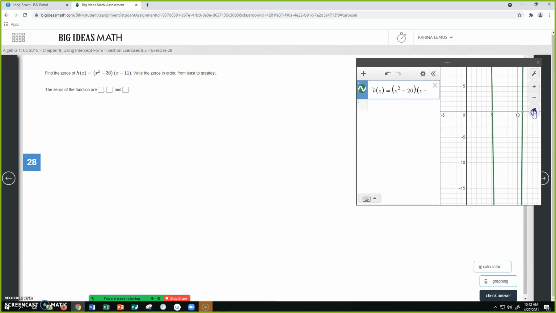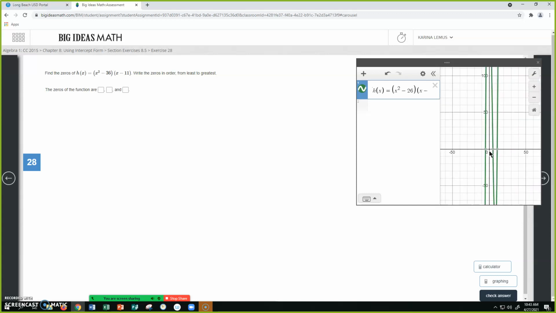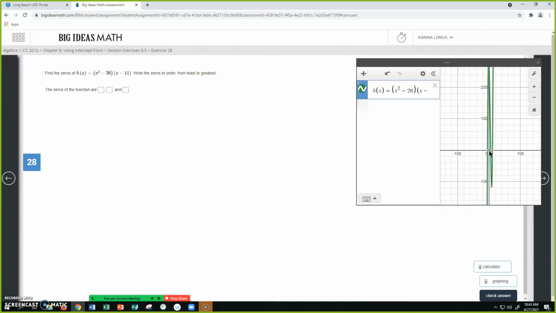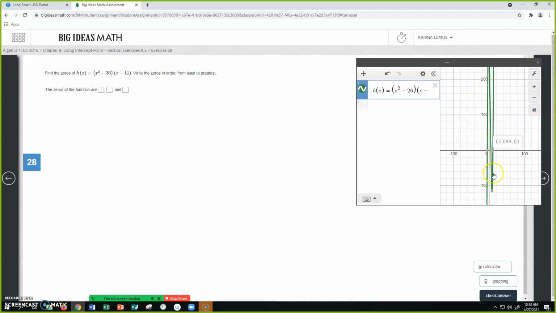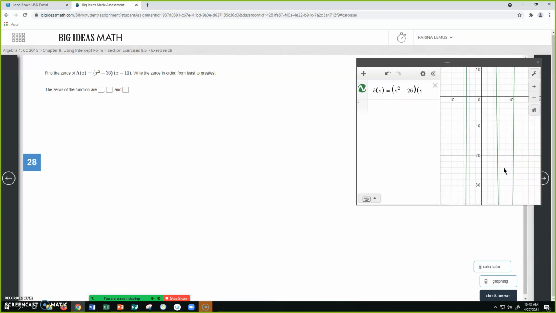Okay, I'm going to click the house, and then I'm going to zoom out a little bit. This looks really weird, because it is going up, and then it turns around and goes back down. So that's what's happening. And I'm going to go ahead and click on these. Remember I said they were going to be -6.